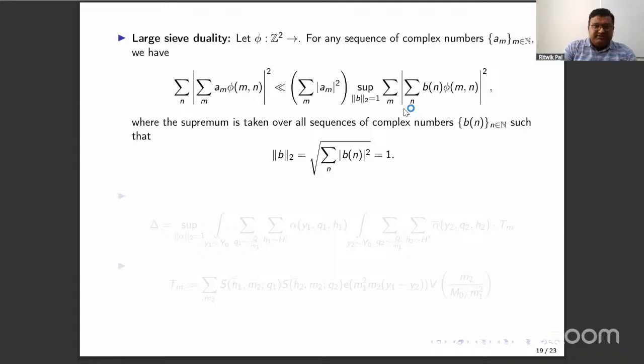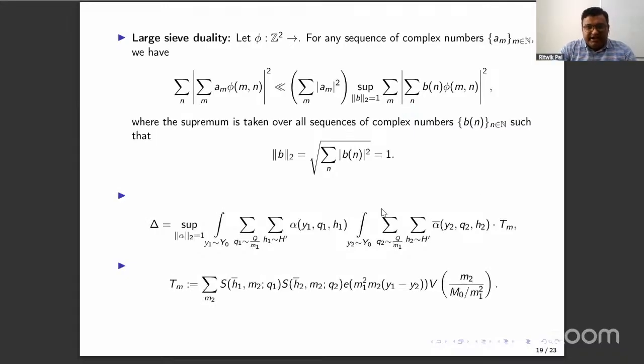We apply the large sieve duality, and there are many other terms, but one of the key terms is this Delta.